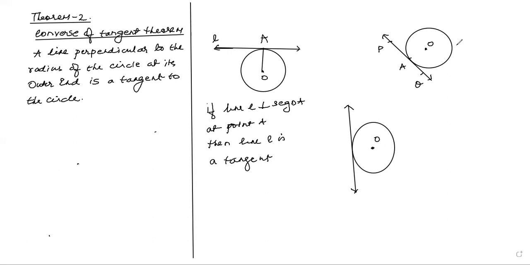So again, if this is OA, if line PQ is perpendicular to segment OA at point A, then I can say line PQ is a tangent by converse of tangent theorem.